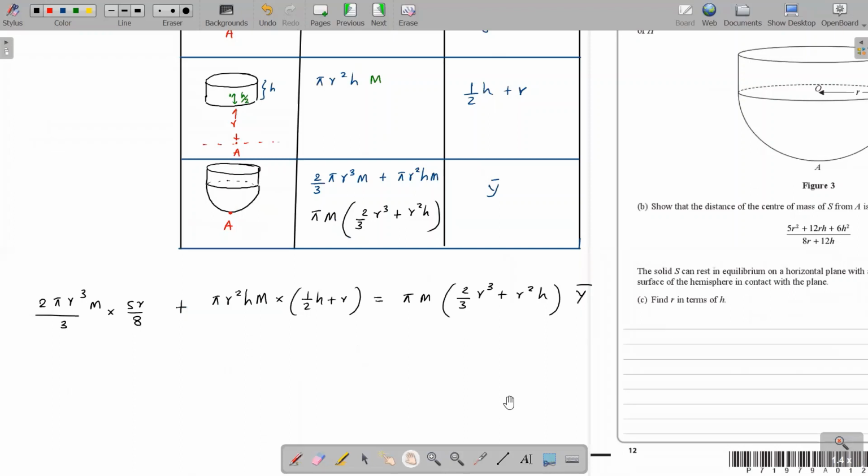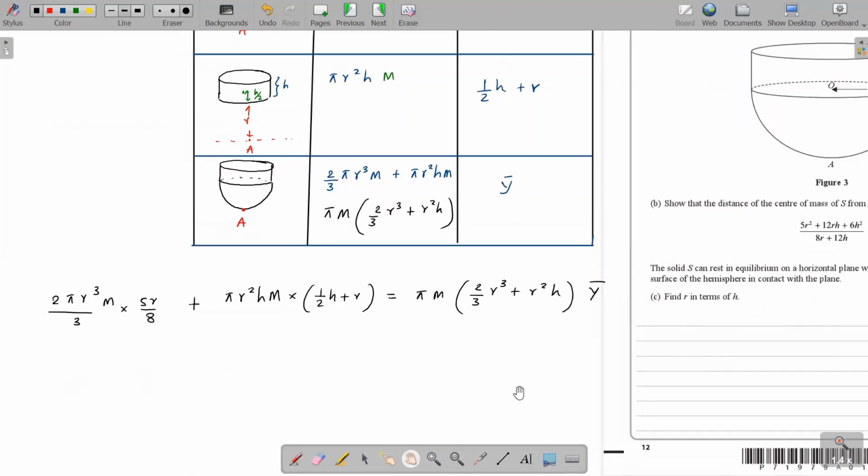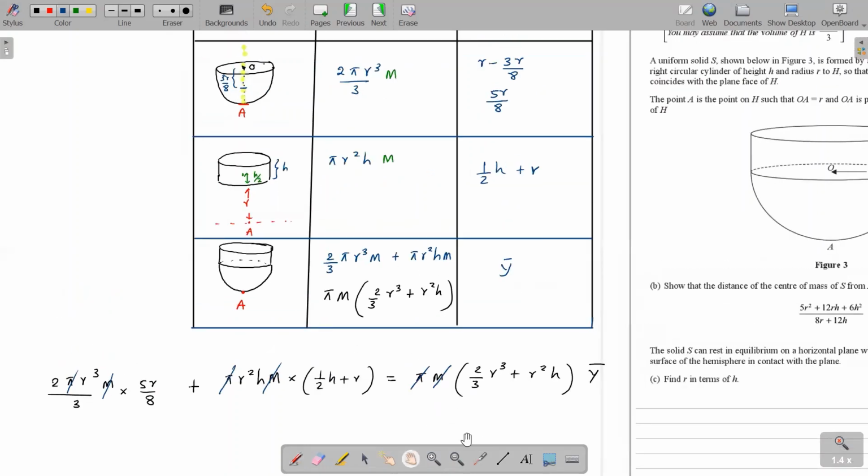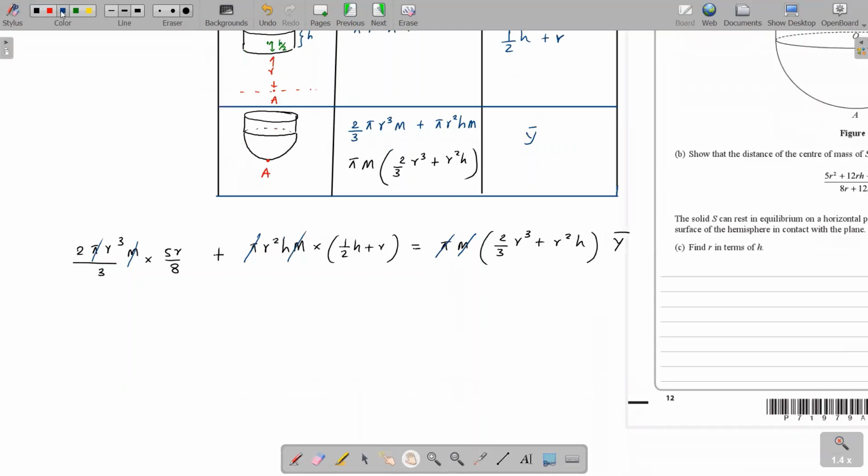We need to get this show that. We have to rearrange this equation. What can I remove? You can see pi and m is common to all the three terms. Can you see? I told you m will cancel out. Then what else can we remove? I think we could take r square out from here as well. Shall we rearrange? We can simplify.